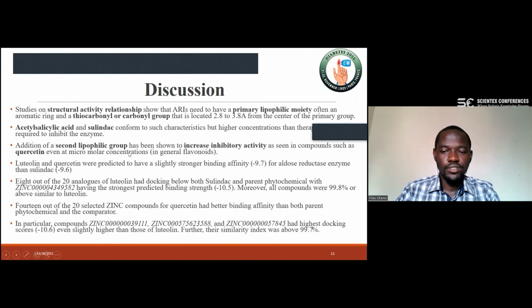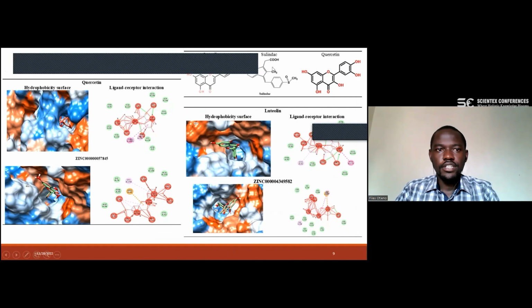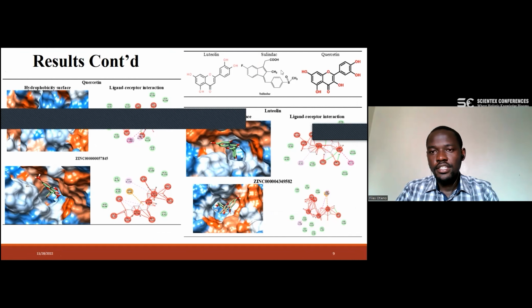The general discussion is what I've talked about, but to add on to that, if you look at the structure of Sulindac, we have a thiocarbonyl moiety that is substituted to a benzene group.